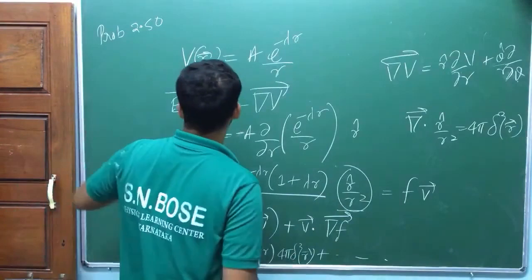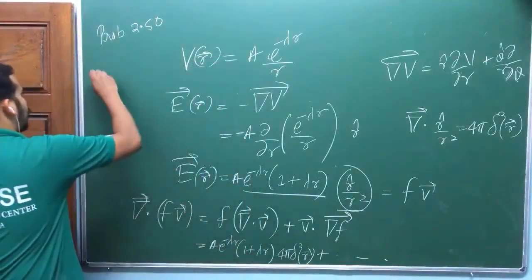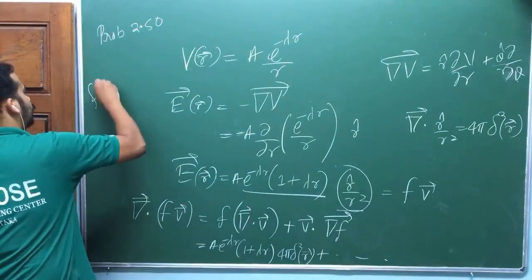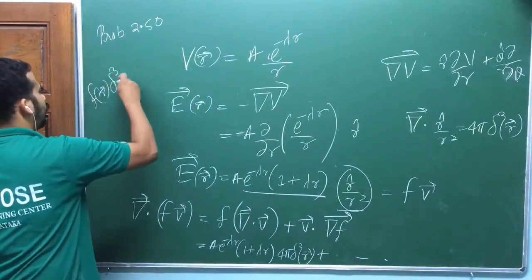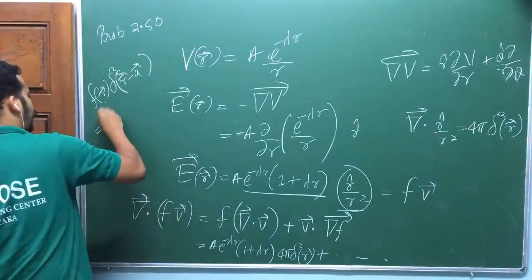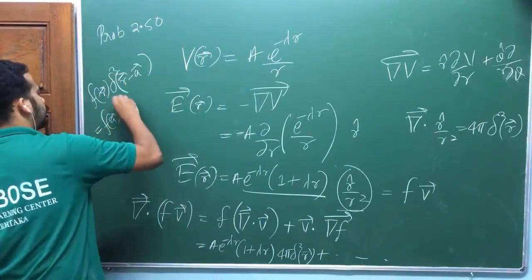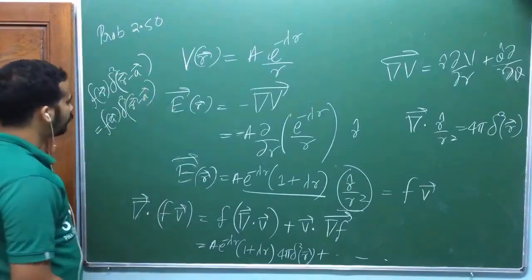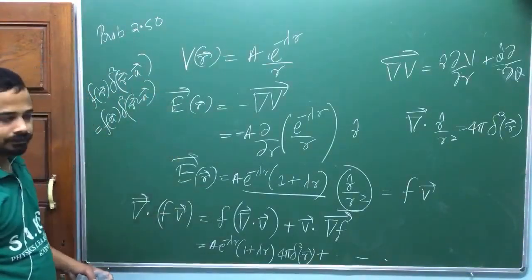Again, there is a property, am I right? Again, f of r into delta cube of r minus a, I hope that's equal to f of a into delta cube of r minus a. Am I right? Anyone? Or later if you do the integration, the same thing will come.